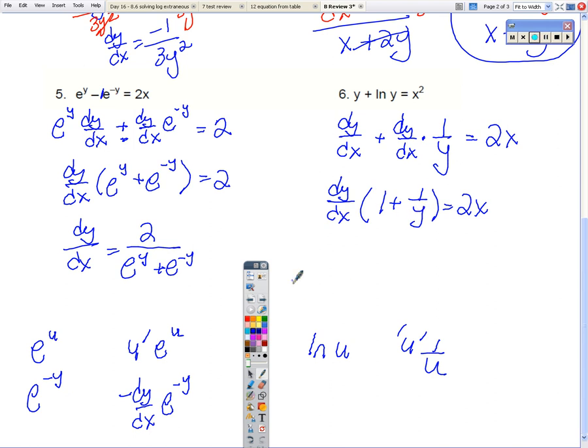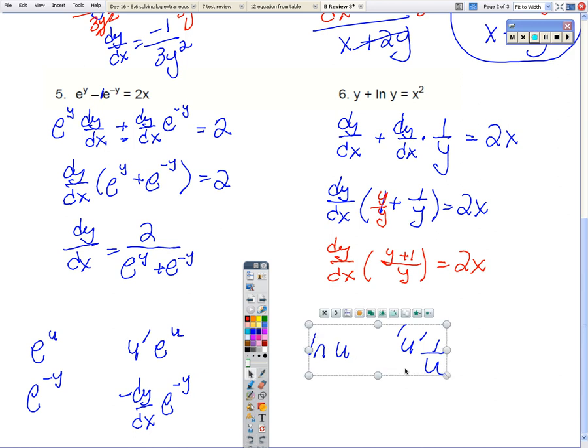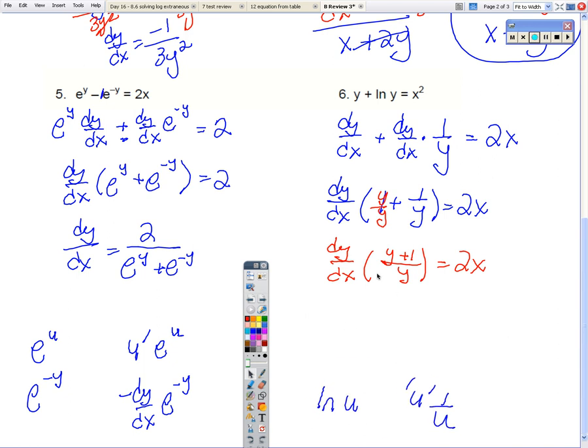Before I divide this to the other side, I'm going to make it one fraction and get a common denominator. So this 1 is y over y. And now the reason I did that is now to isolate the dy/dx, I can multiply both sides by y over y plus 1.